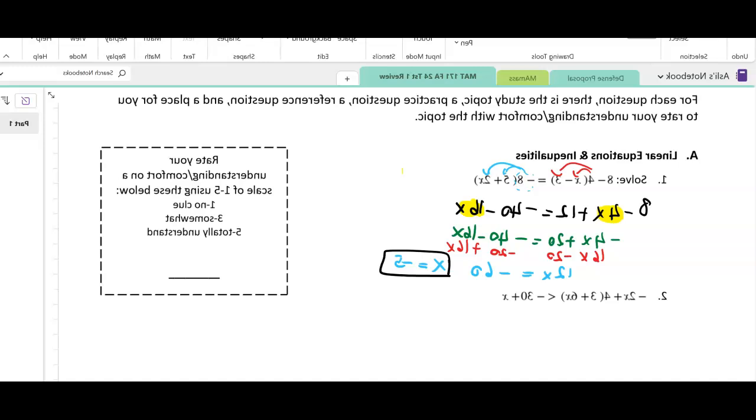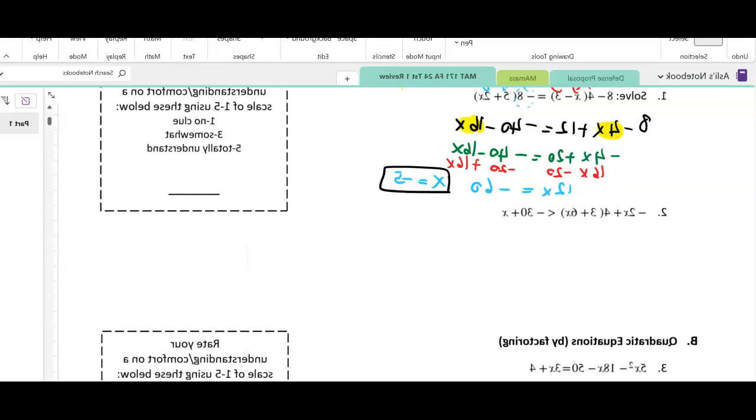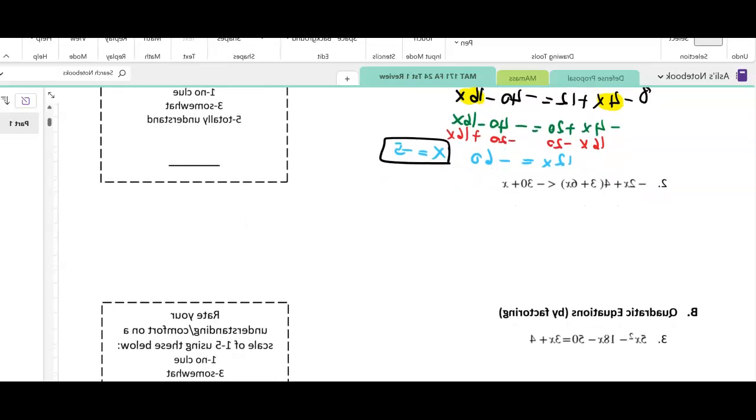Okay, so the next question is about solving an inequality with the same principle. We need to get rid of the parentheses. Okay, so then this line will be negative 2x plus 12 plus 24x minus 30 plus x. So the only difference is instead of equation, we have an inequality sign.